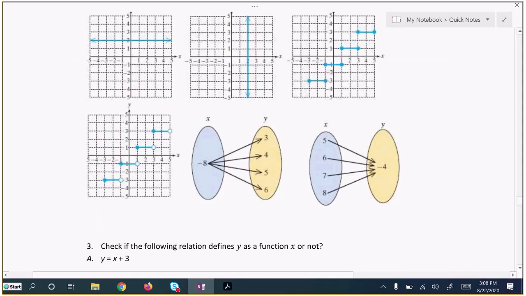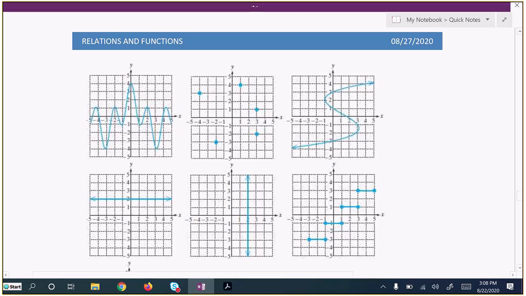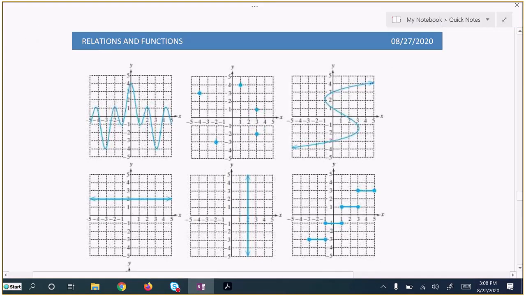Okay, we want to determine if each of these is a function. Because we have the graphic, our best bet is probably going to be the vertical line test, which is our graphical way of determining if each X in the domain corresponds to exactly one Y in the range. So this first picture, it looks like, yes, it's a function.